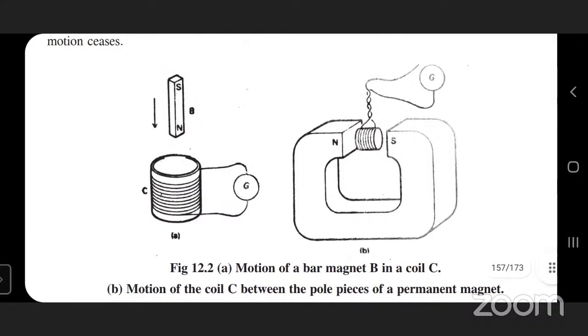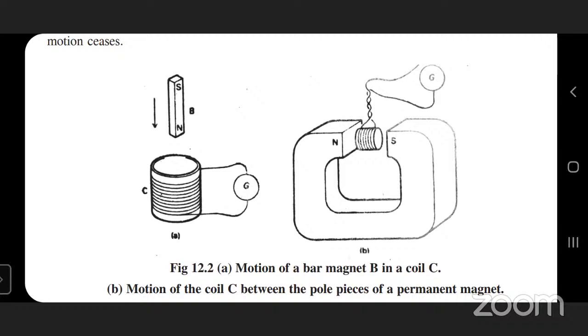Let me explain how the magnetic flux is linked with the coil. In the first figure, you can see a bar magnet with south and north poles. The downward arrow indicates that the bar magnet is moving towards the coil below.